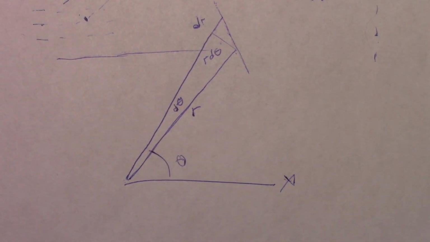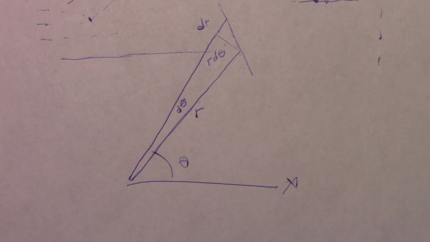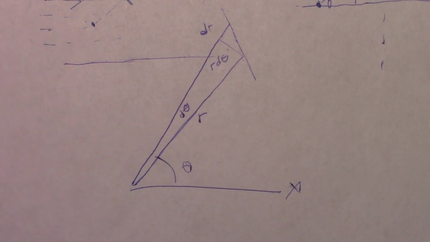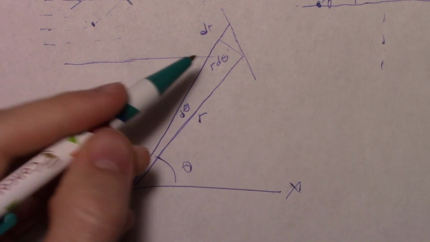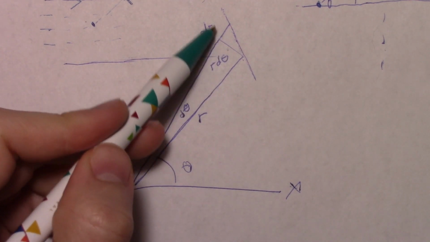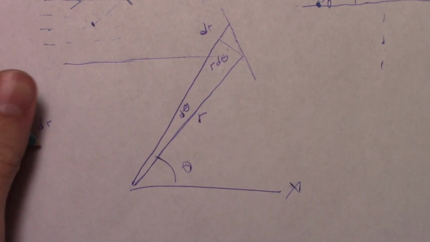Alright. So now, dr d theta. What is dr d theta? Well, why dr d theta? Because we want to be able to integrate it. We have dr, right? We can probably find this, geometrically it's something. D theta is also something.